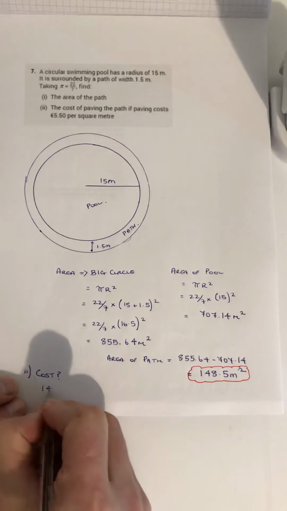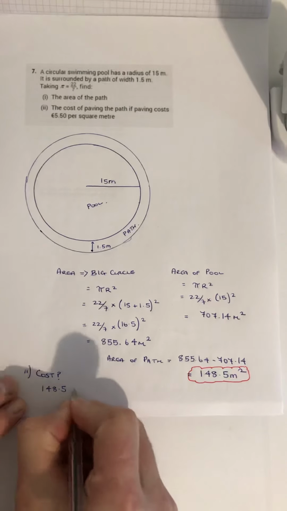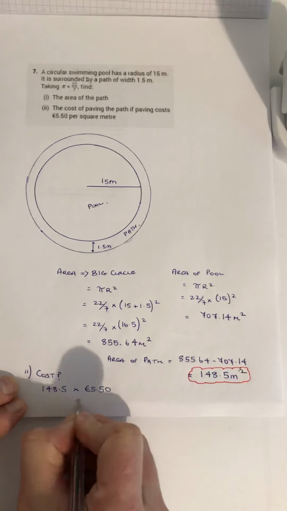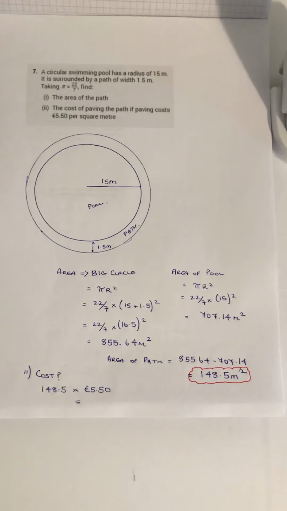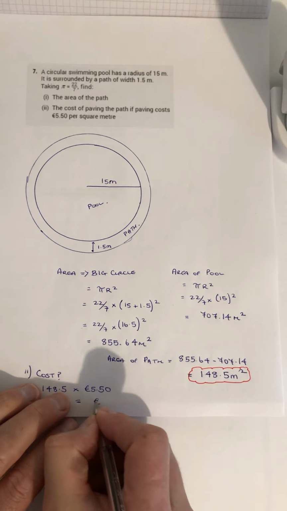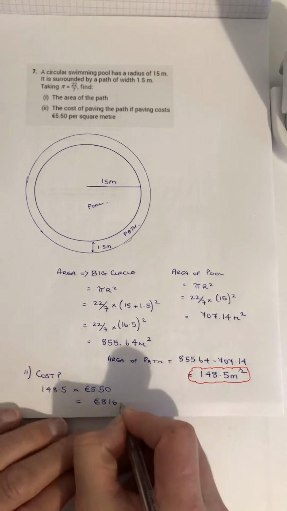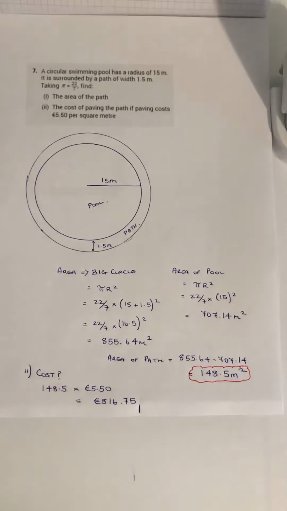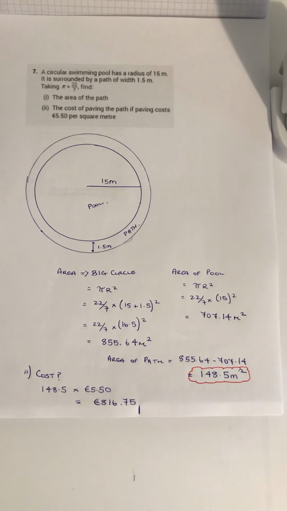So 148.5 multiplied by €5.50, which will give me, use your calculator again, €816.75. Okay, so that's another very good question on these circles for you, and the type of question that you might be asked.